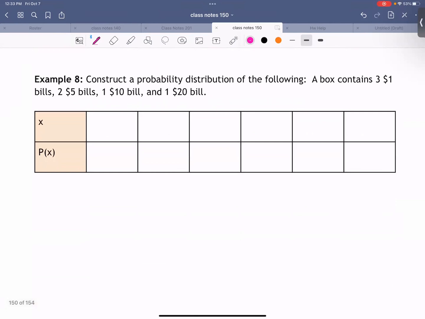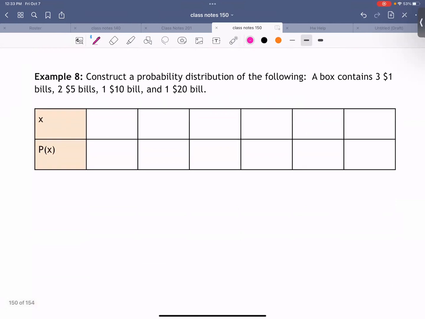Let's go to example 8. Let's say we have this box and it has a lot of money in it, which is nice. So we have 3 $1 bills, 2 $5 bills, a $10 bill, and a $20 bill. I want to select one bill out of it. What do you think my X values are going to be this time? 1, 5, 10, and 20.